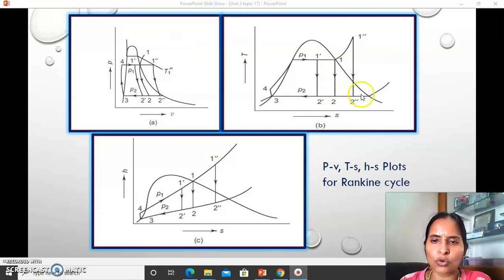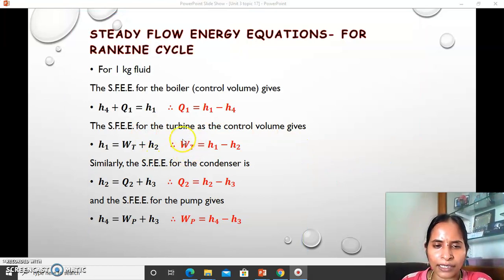Why H1 minus H2? Why can't it be H2 minus H1? It is not possible, since the higher energy of the steam is converted into shaft work from the turbine. So turbine work is the higher energy H1 minus the lower heat content H2.